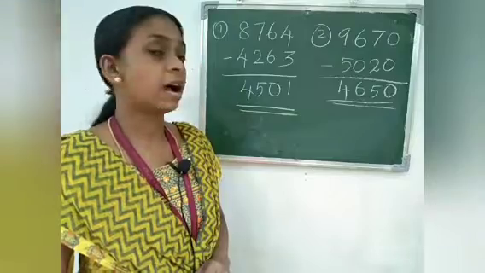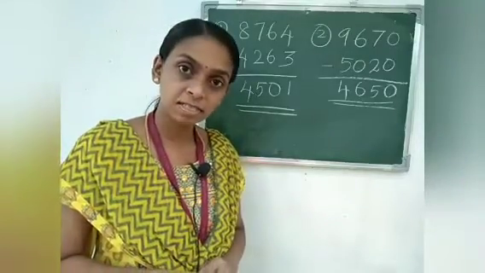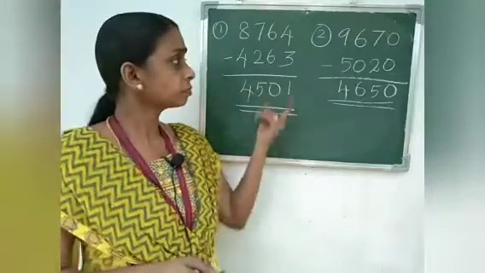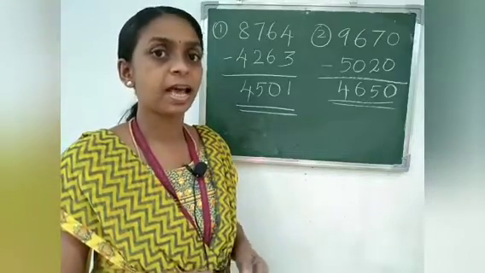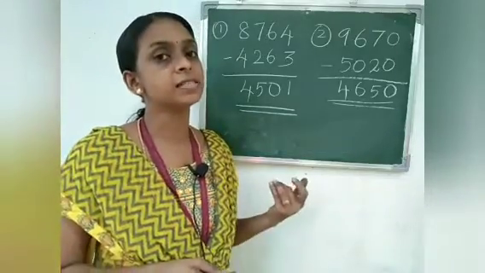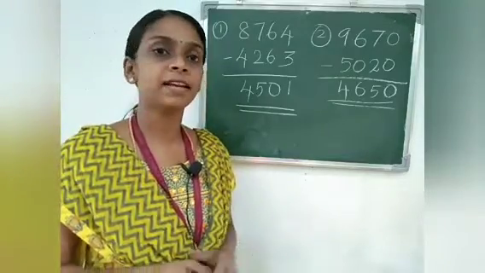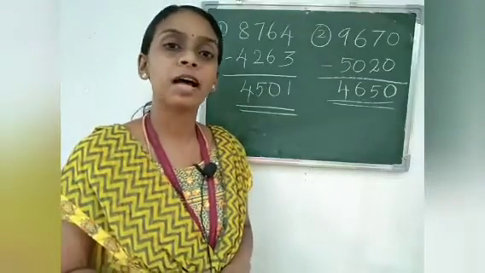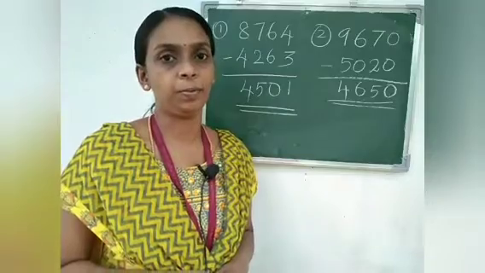So we start subtraction from the ones place, then the tens place, next the hundreds place, and last the thousands place. Then we will get the answer. So these are the examples of subtracting 4-digit numbers without regrouping.